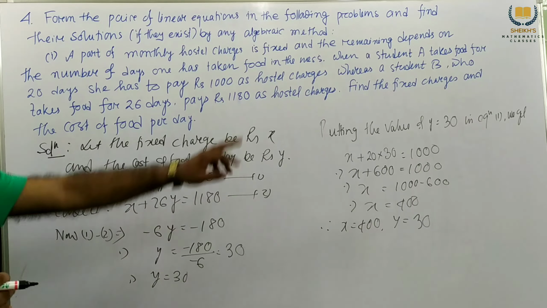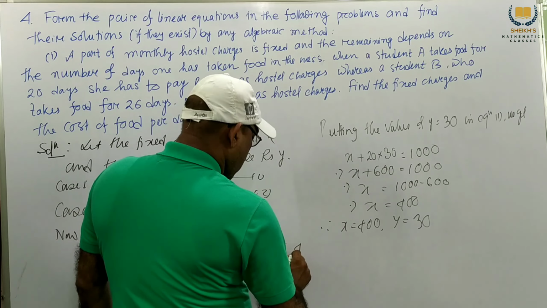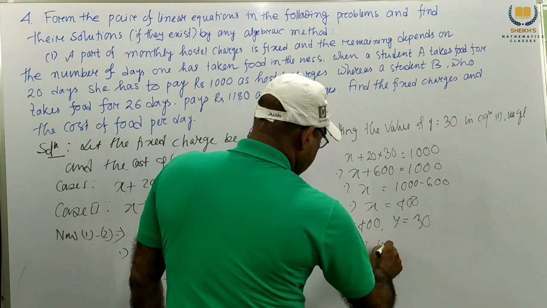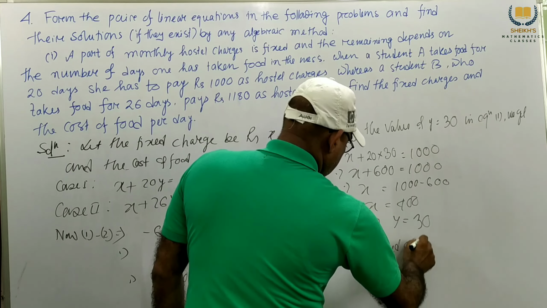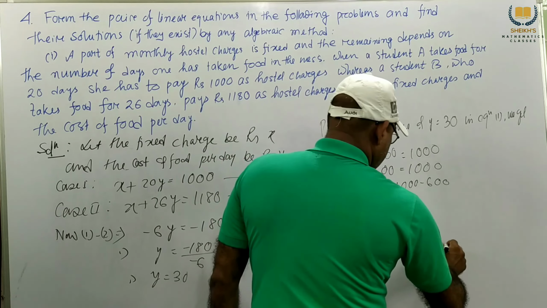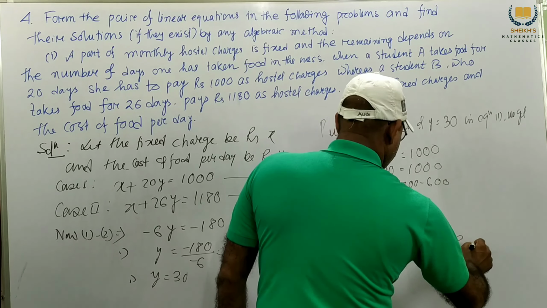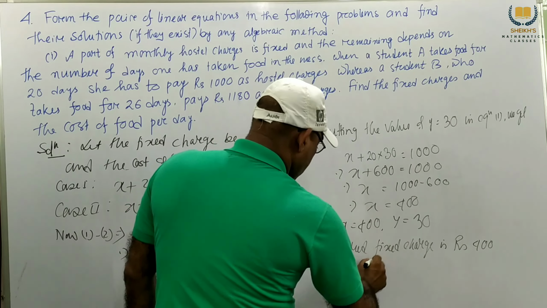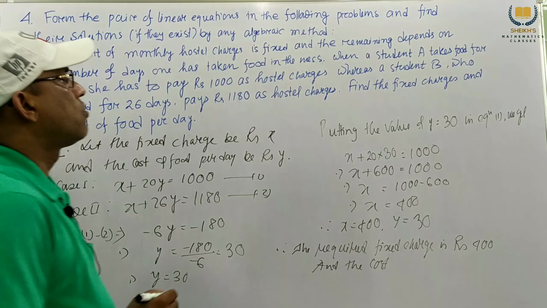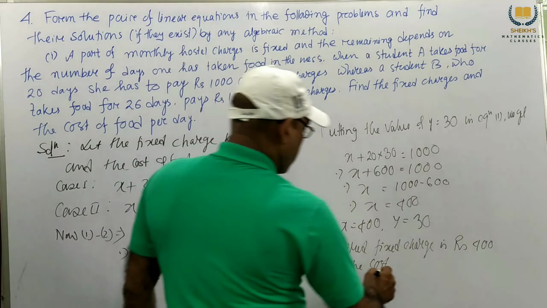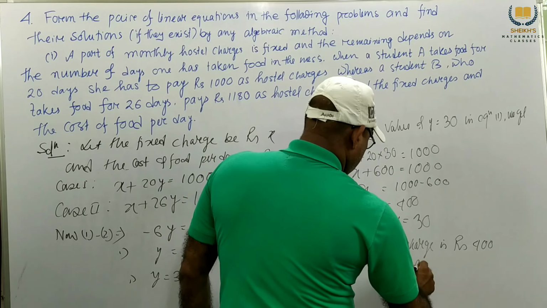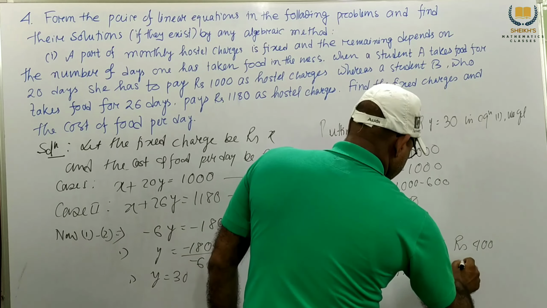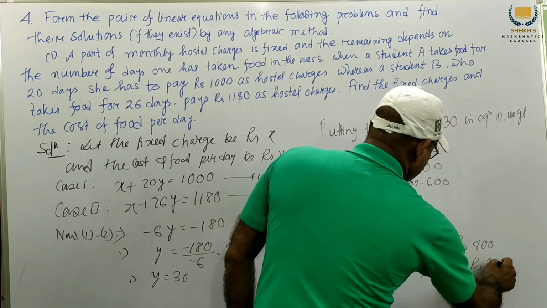Now x represents the fixed charge, therefore the required fixed charge is rupees 400 and the cost of food per day is rupees 30.